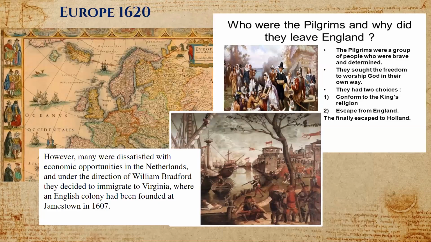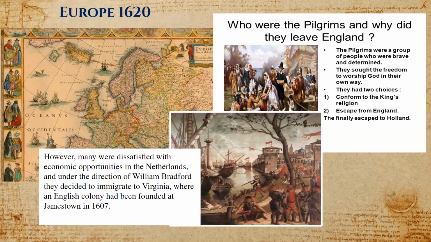Okay. So what is the background of this story? It's Europe, 1620. Who were the pilgrims and why did they leave England? Pilgrims were a group of people who were brave and determined. They sought the freedom to worship God in their own way. They had 2 choices, whether to conform to the king's religion or escape from England.